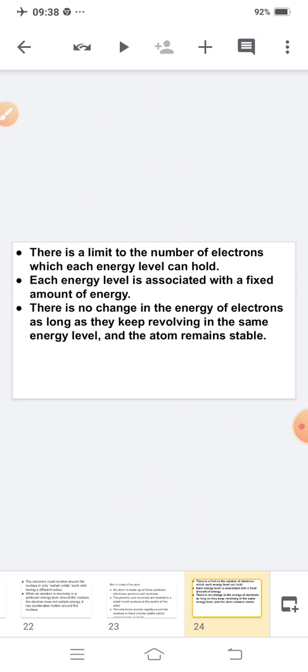There is no change in the energy of electrons as long as they keep revolving in the same energy level and the atom remains stable.